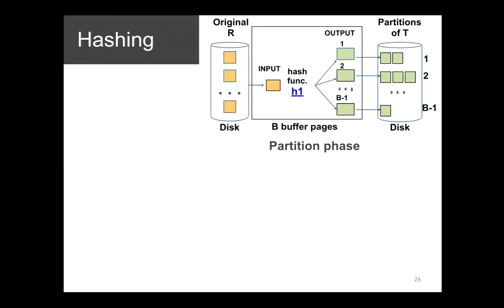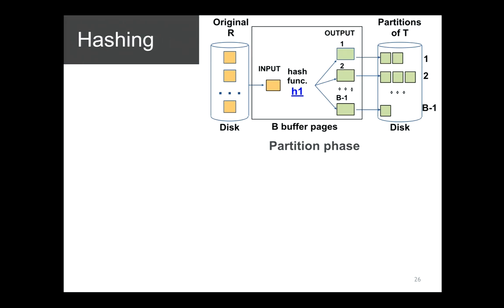We have a partition phase and a deduplication phase. The partition phase works as follows. Here's your buffer memory. You have B pages, and let's say this is the file on disk, original R. It's the same disk. I'm just showing it on the other side for convenience. You read R one page at a time as a sequential scan. You have one input buffer frame.